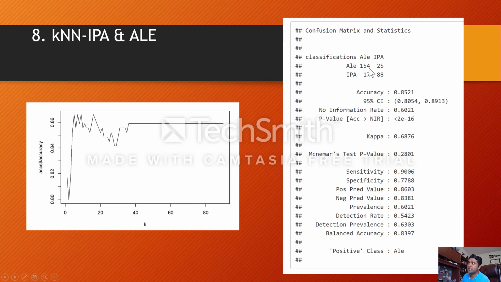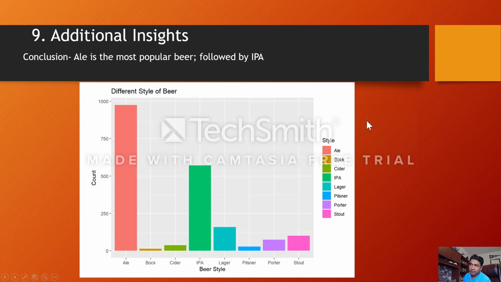Here are the classifications. 154 ales were classified correctly, and 88 IPAs were classified correctly. So that gives us an accuracy of 85%. That's pretty good accuracy, and our confidence is good because of that, and we have more confidence in our results on this relationship. Okay, next slide.